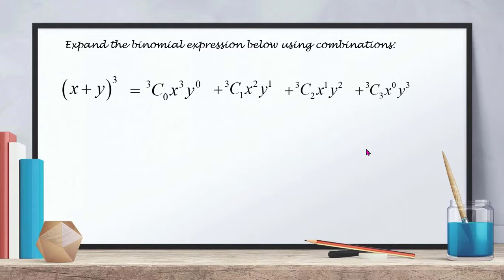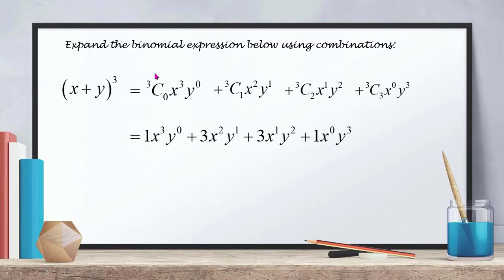Next, we're simply going to simplify. Using a calculator, we have learned that 3 combination 0 is 1, 3 combination 1 is 3, 3 combination 2 is also 3, and 3 combination 3 is 1. Next, we're going to apply laws of indices to finish the simplification.